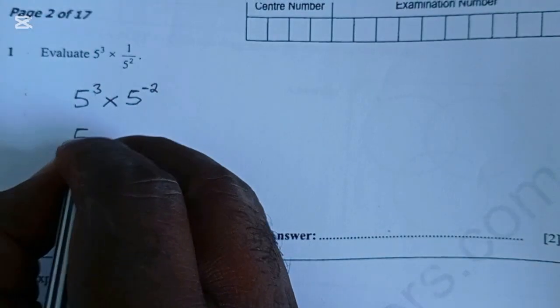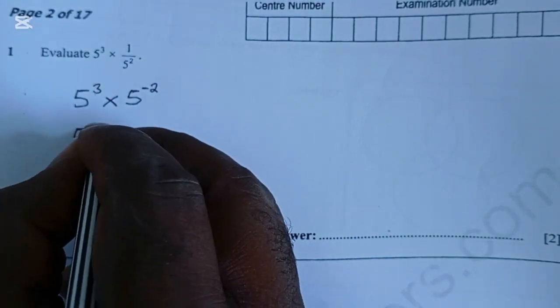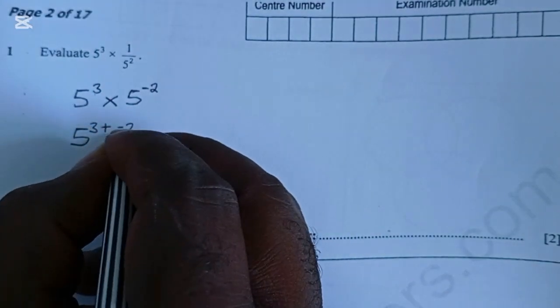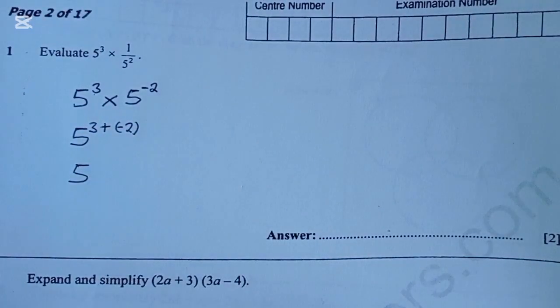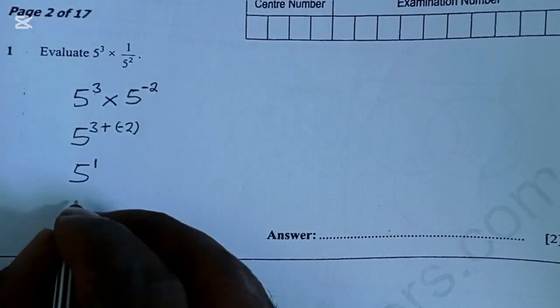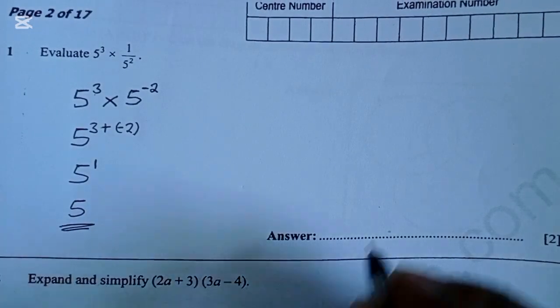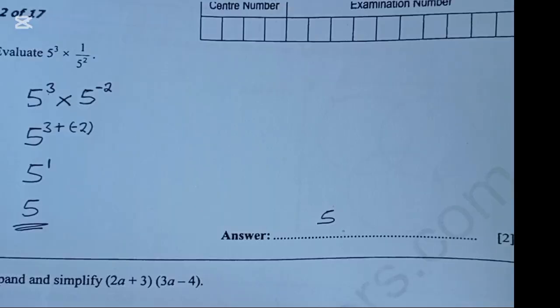So it will be 5 to the power 3 plus negative 2, which is 5 to the power 1. Any number or letter to the power 1 is the number or letter itself. So the answer is 5. So this is method 1.